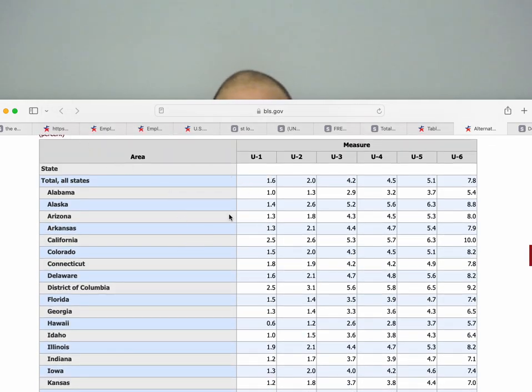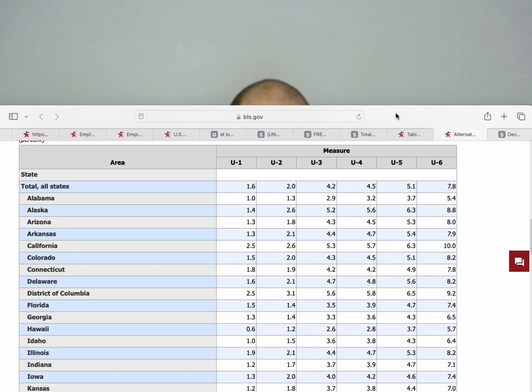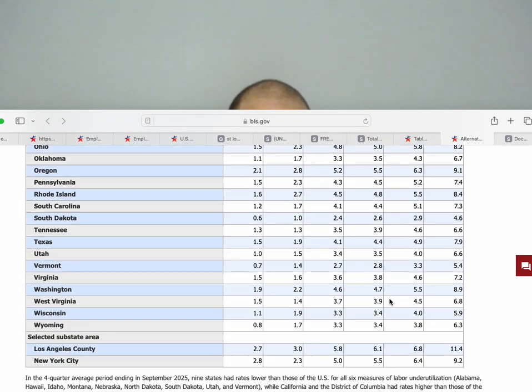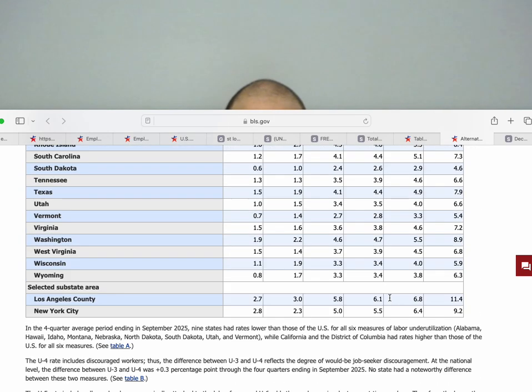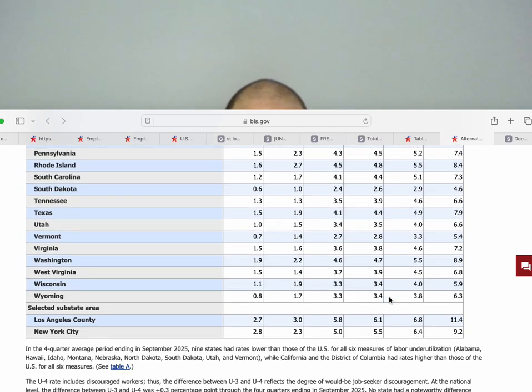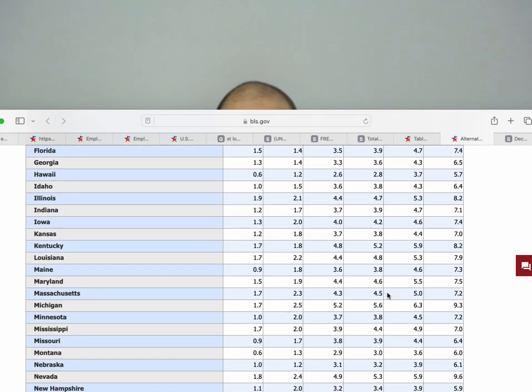It'll have all the US states, and it gives their U1, U2, U3, U4, U5, U6 measures. At the very end, it'll give the measures for two selected areas, Los Angeles County and New York City, which is also useful in comparison.